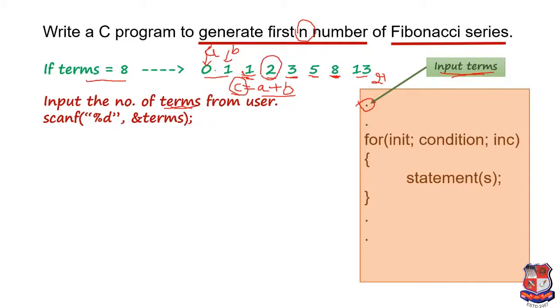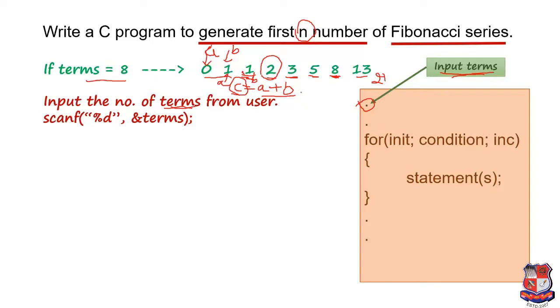We have to exchange the value, because this number is nothing but a summation of its last two values. For calculating the next one, we have to make A this number and we have to make B this number.